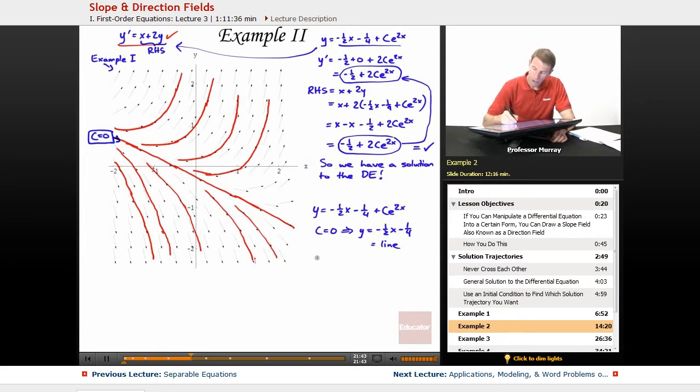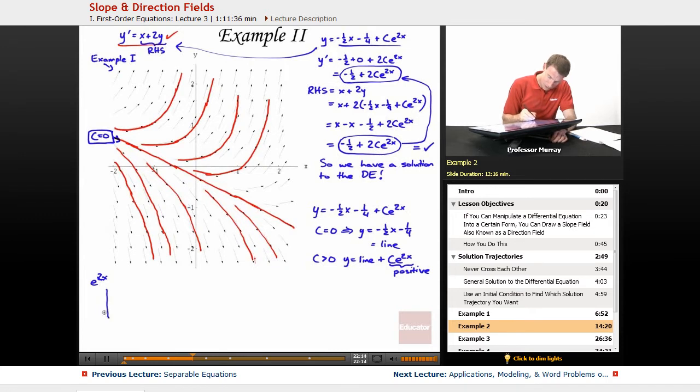Now, what if I have a c value that's not 0? If I have a c value that's positive, then what I get is y is equal to, well, that same equation for the line plus c e to the 2x, where that c e to the 2x is positive. So what I'm doing is I'm taking that line and I'm adding an exponential function to it, which means, remember, e to the 2x, let me do a little graph of e to the 2x.